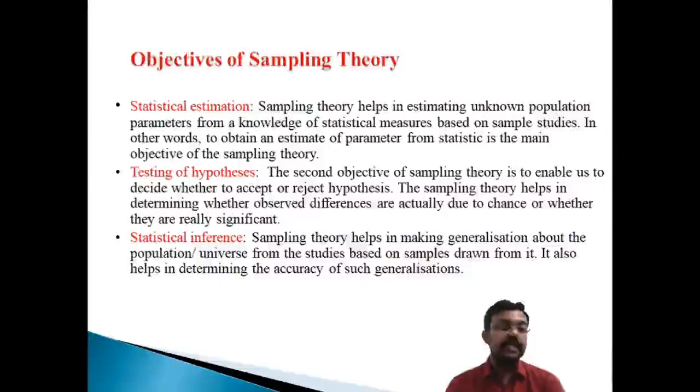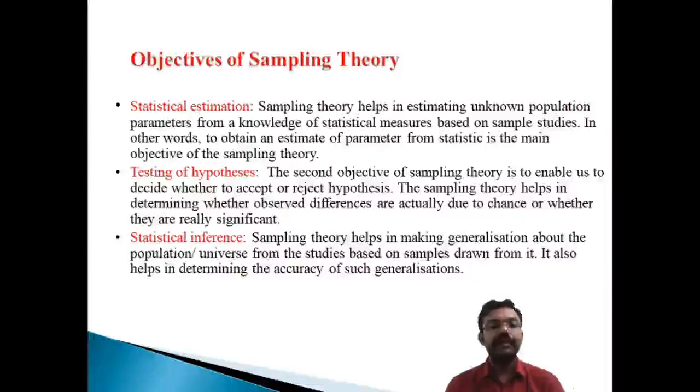So statistical estimation is always helpful for predicting the unknown population and selecting the variable from the unknown population. That is the first important objective of sampling theory, that is, estimation of the unknown population parameters. And the second one is testing of the hypothesis. We all discussed a video regarding the hypothesis.